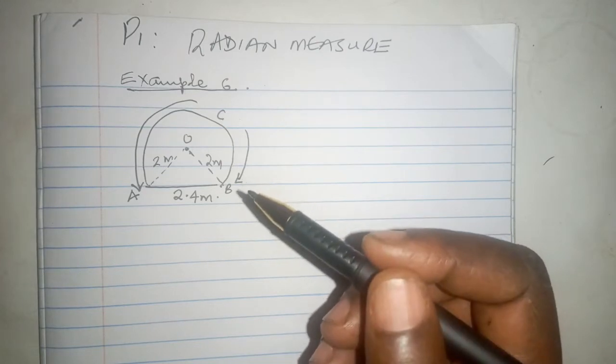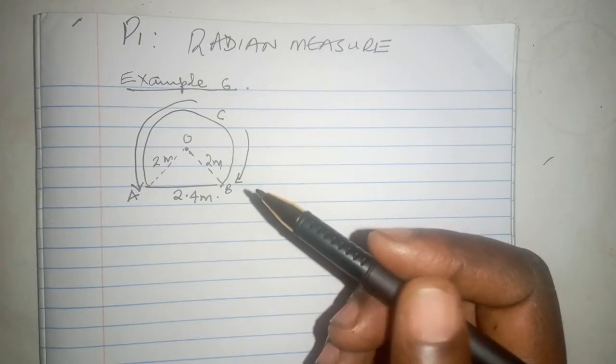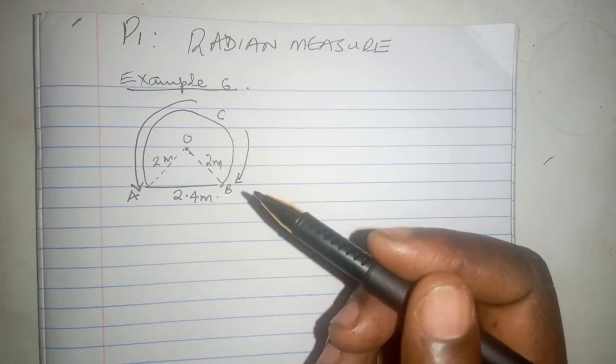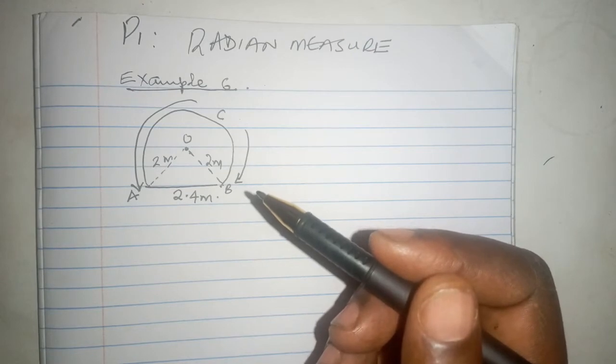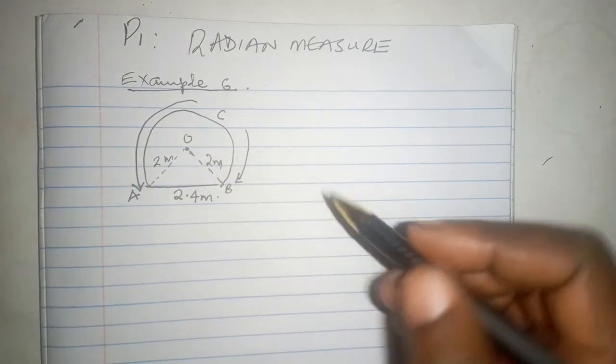It is difficult to get the length of the arc if we do not know the angle subtended at the center by the arc. Incidentally, there is no angle given at the center, but we realize that we have a triangle here.